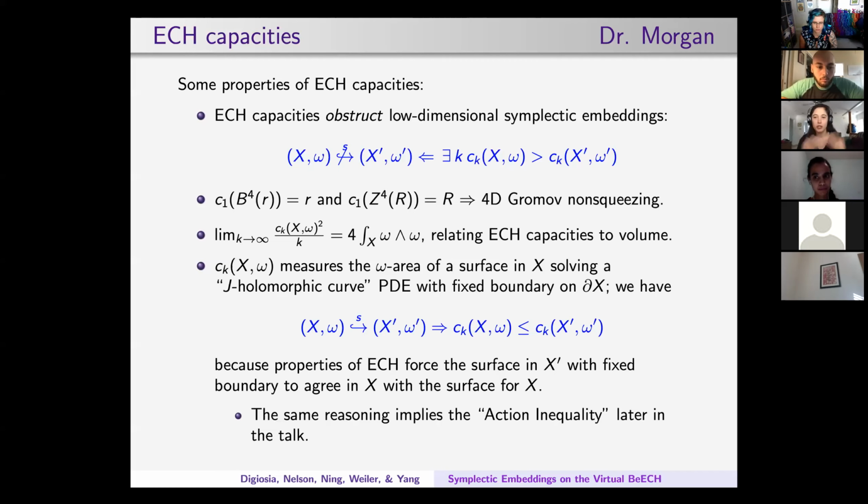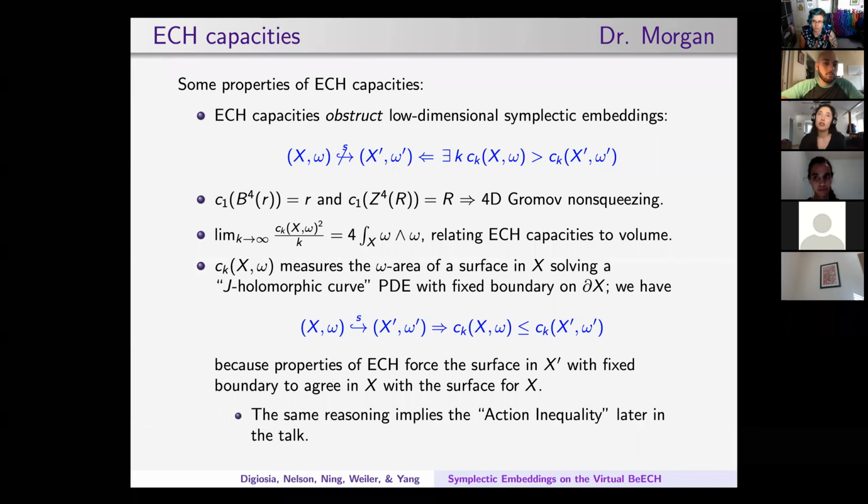And so we get the blue equation, that an embedding implies the inequality of capacities, because properties of ECH, which is the theory in which ECH capacities live, force the surface in the larger manifold to agree with the smaller one. I have my smaller manifold embedded in my bigger manifold, and I have some PDE that says I need to find the omega area of the solution in the smaller manifold, and the omega area of some solution to the PDE in the larger manifold.